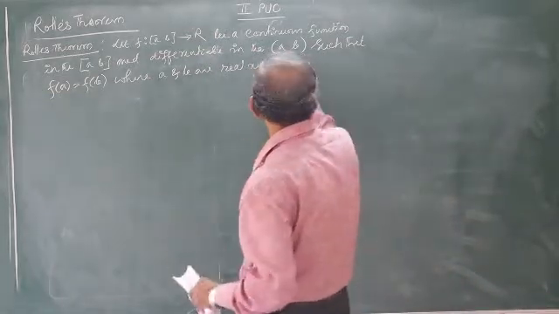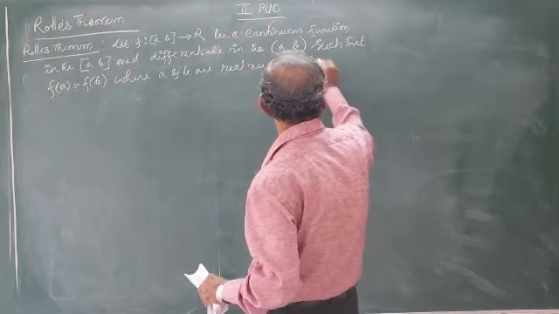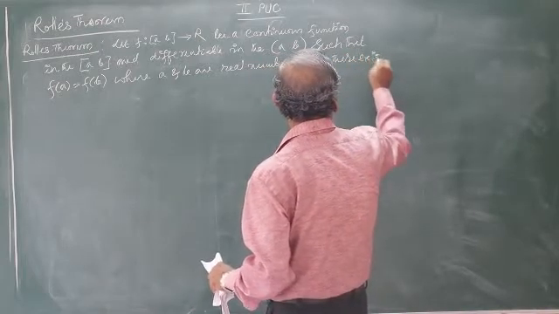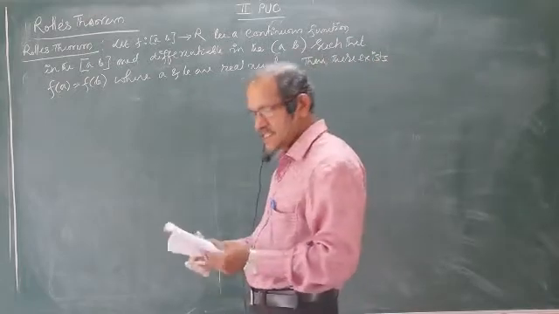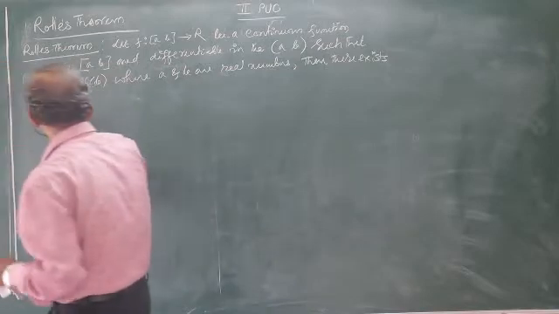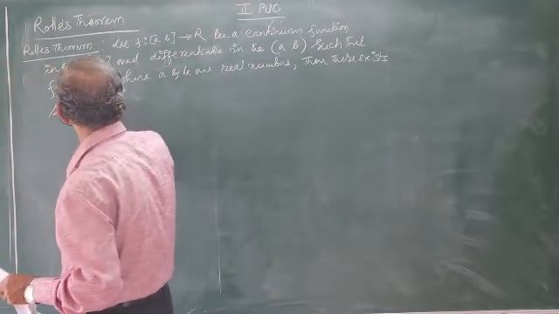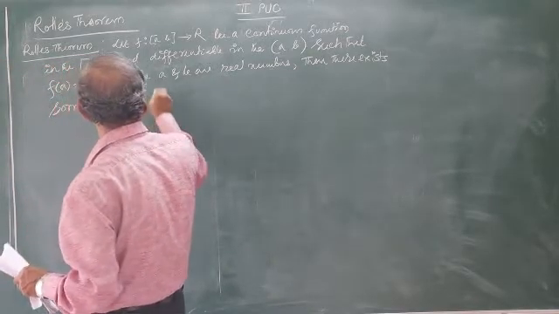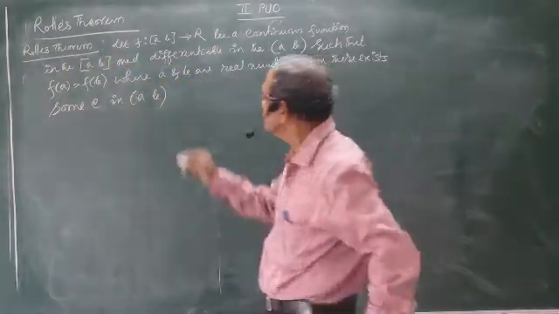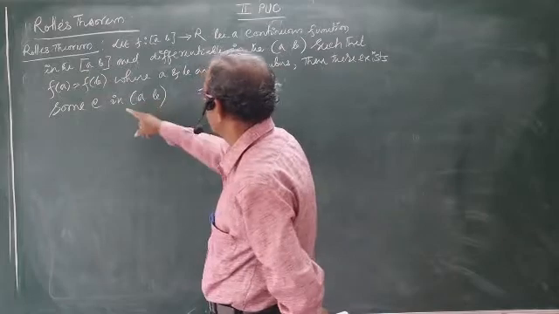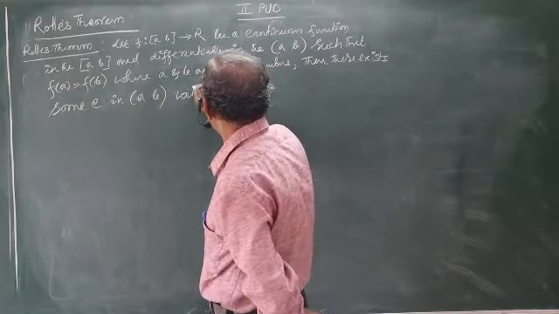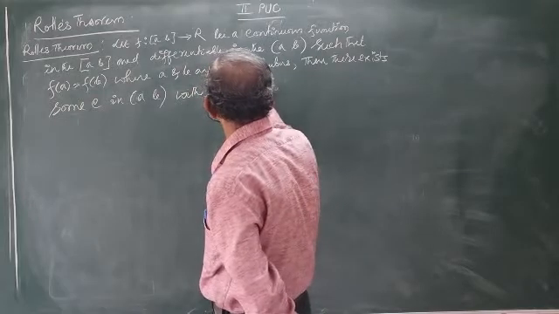Then, now the statement starts, you see. Then there exists a point c, some c, in the open interval (a, b) with f dash of c equal to 0.